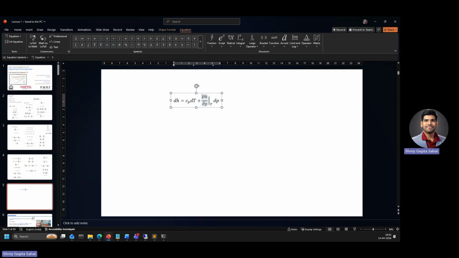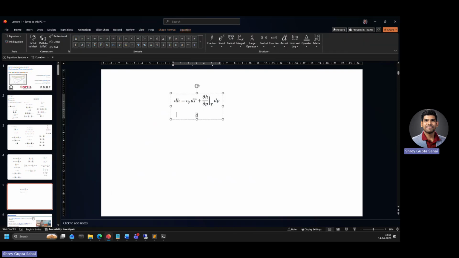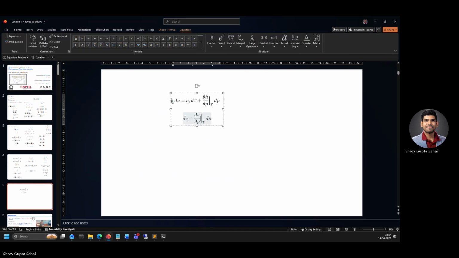For this, I go to the relation that dG, at a common P, this.